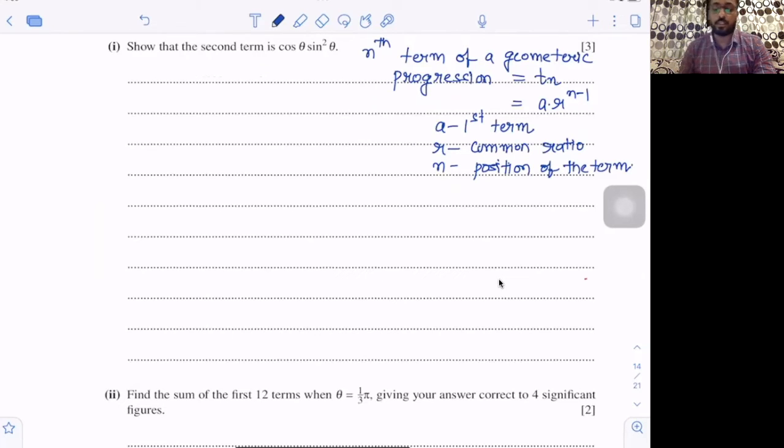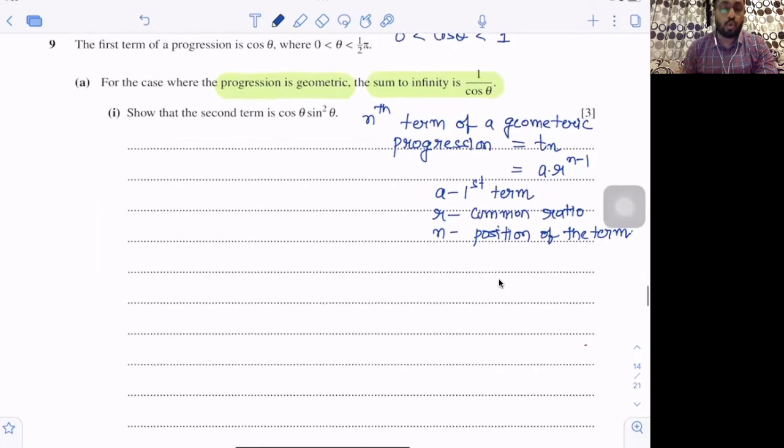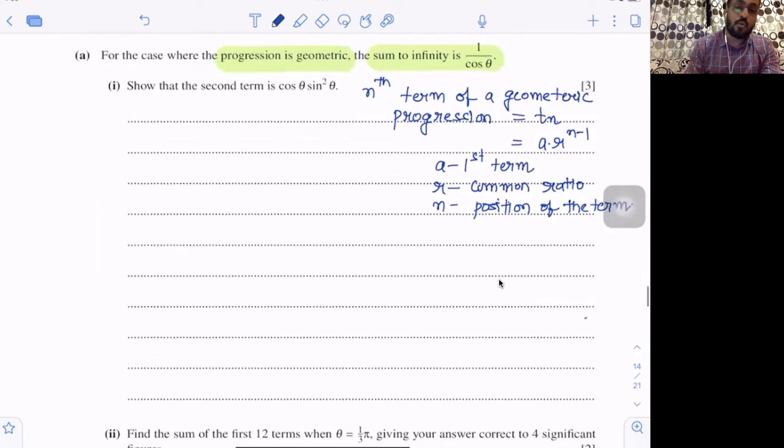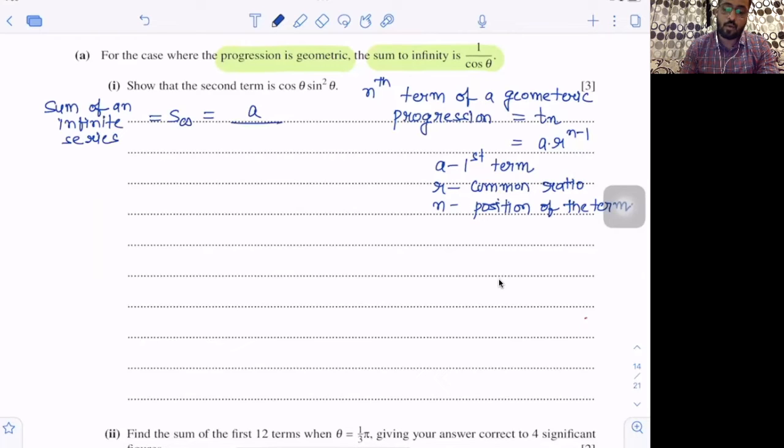So you need to know these notations and this formula to find the nth term or the second term of the geometric progression. So now, students, you should also remember that the sum of an infinite geometric progression is given by S infinity, and the formula is a upon 1 minus r.